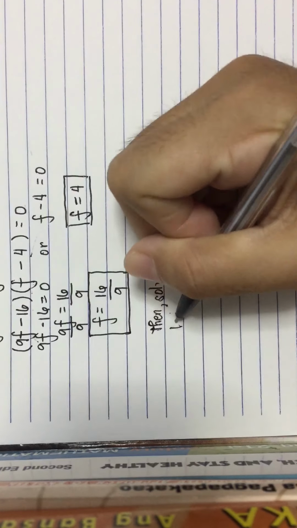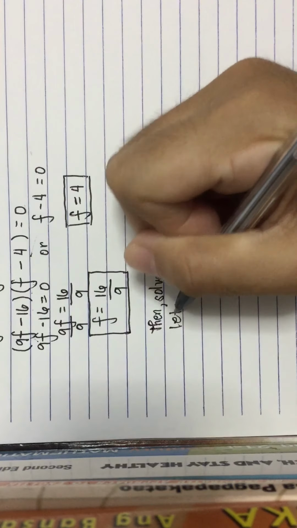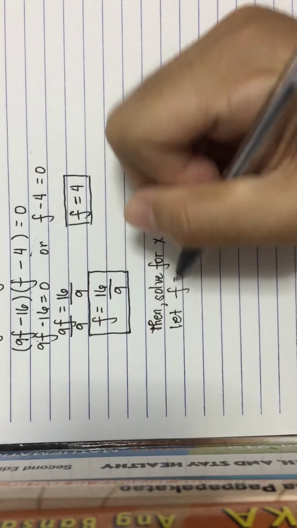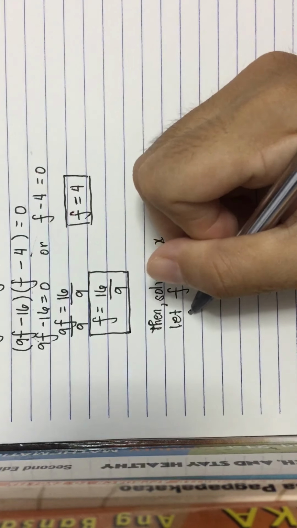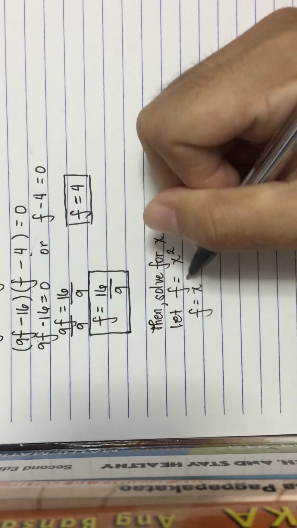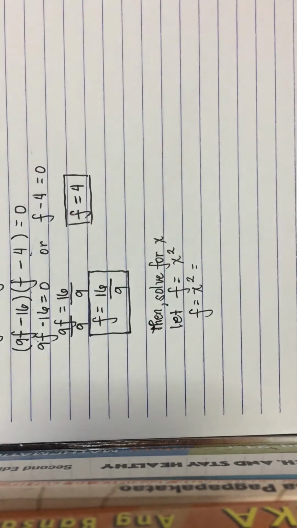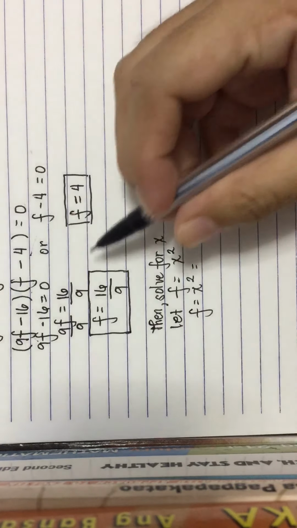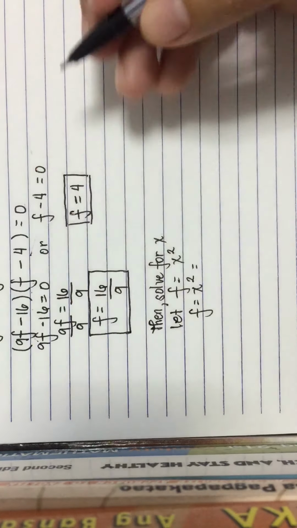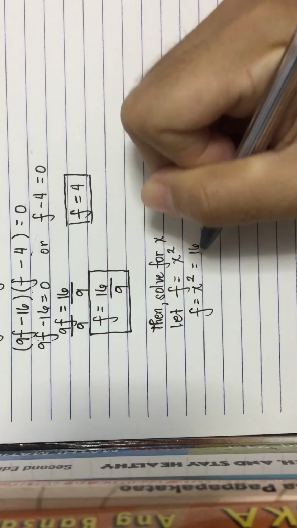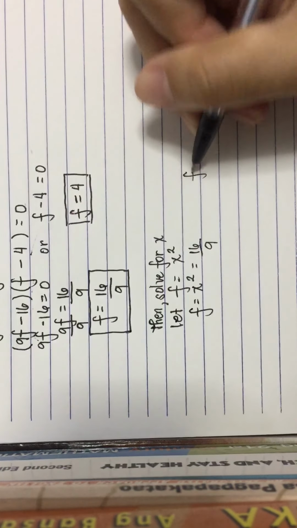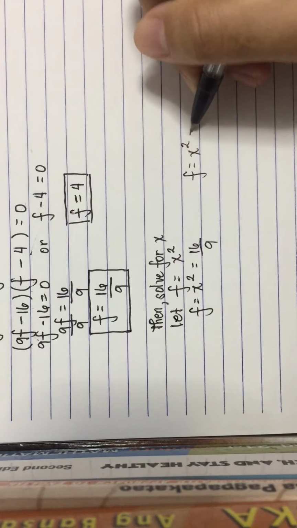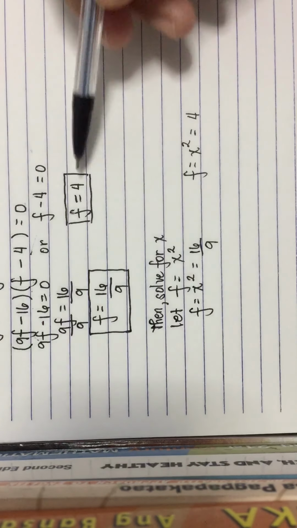So as you can see, if f is equal to x squared, then f equals x squared equals 16 over 9. And the other one is f equals x squared equals 4.